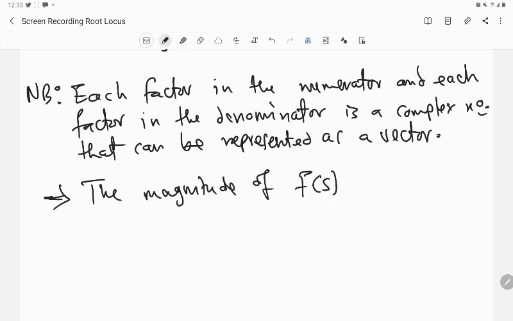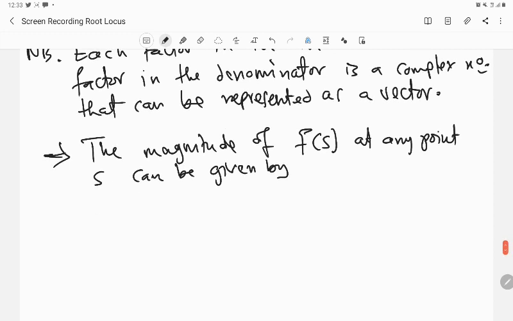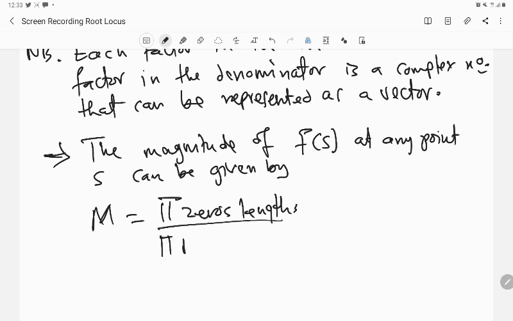The magnitude of f of s at any point s can be given by M equals the product of the zero lengths, because the zero length for each one is the magnitude of that particular factor, divided by the product of the pole lengths, because the pole length for each one is the magnitude of that.